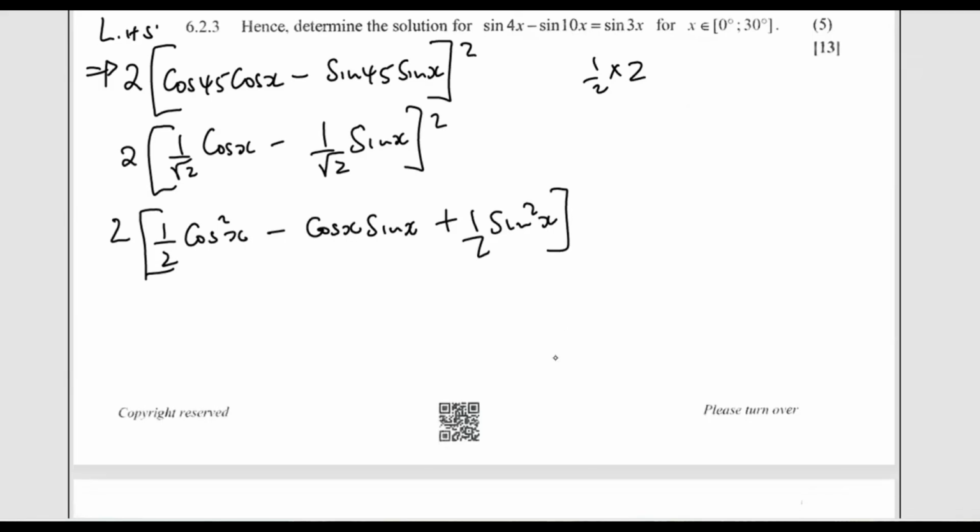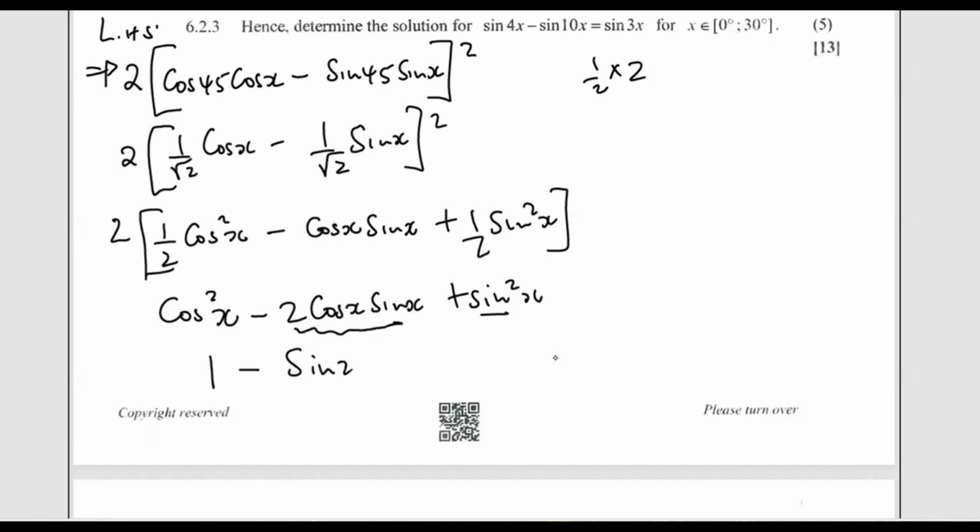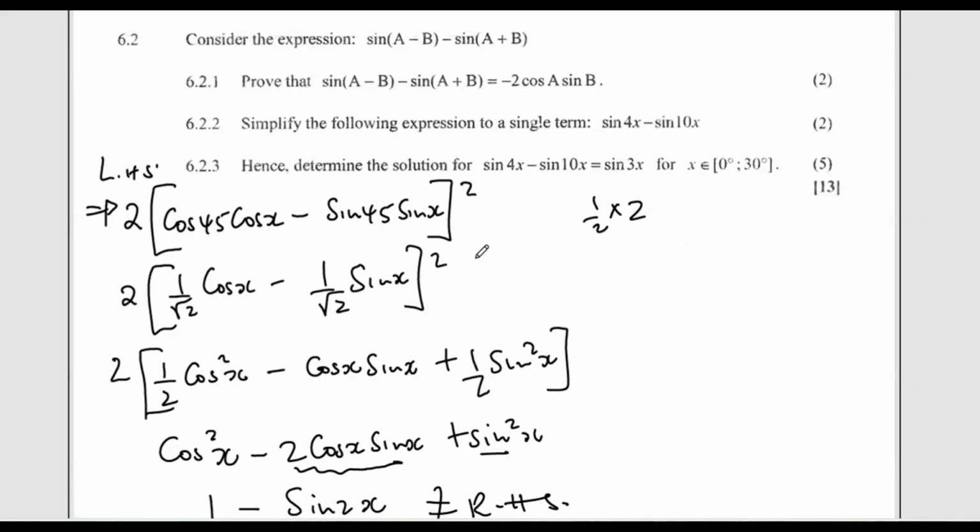And then when I open this up, I'll have a cos squared x, that's going to be negative 2 cos x sine x, and then that is a sine squared x. So I know that sine squared and cos squared will give me 1. And then I'm subtracting. This is a double angle of sine. So sine 2x, which is equal to the right-hand side. Okay, so that is question 6.1.